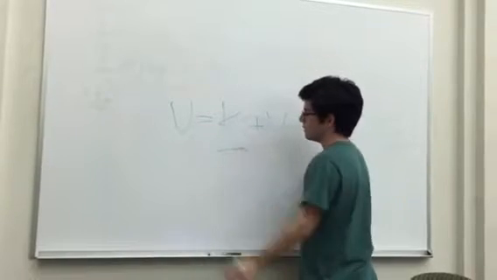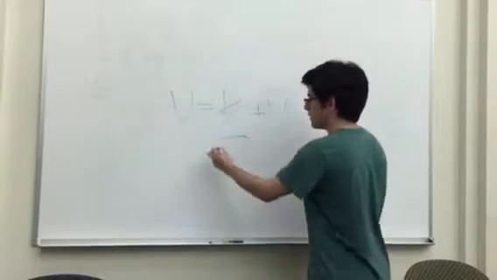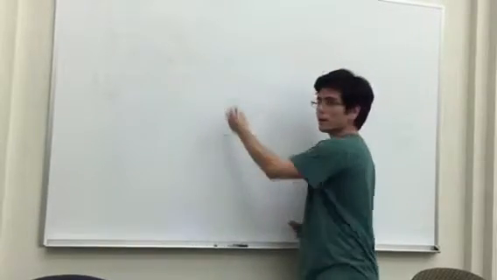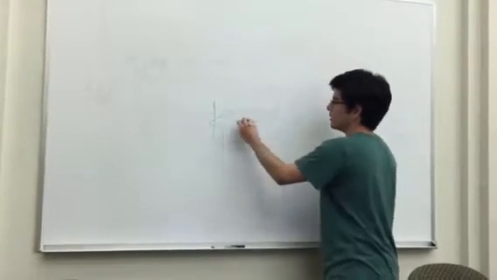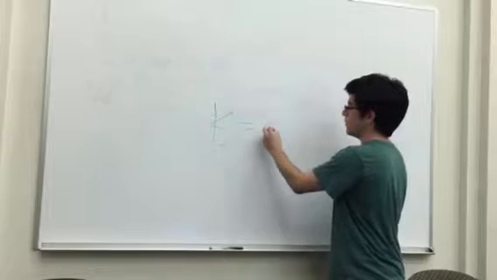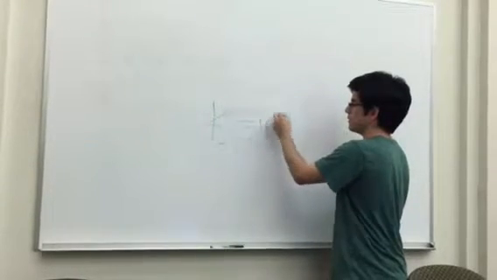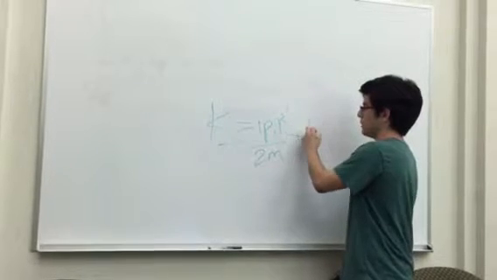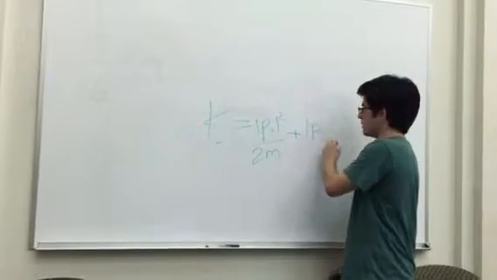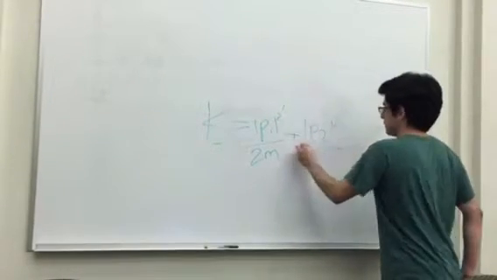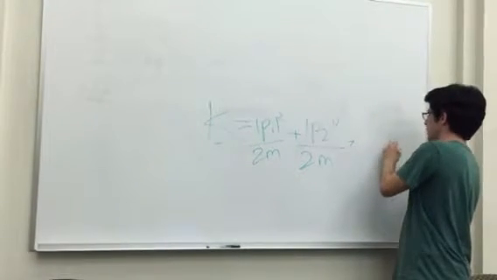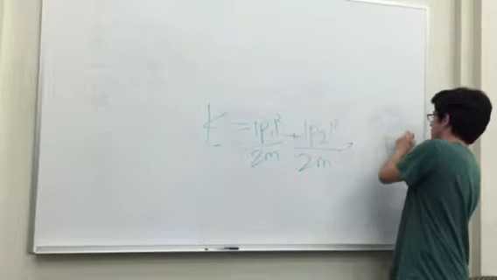We know the kinetic energy of N particles is just the momentum squared of particle 1 over twice its mass, plus the momentum squared of particle 2 over twice its mass, all the way up to the Nth particle.